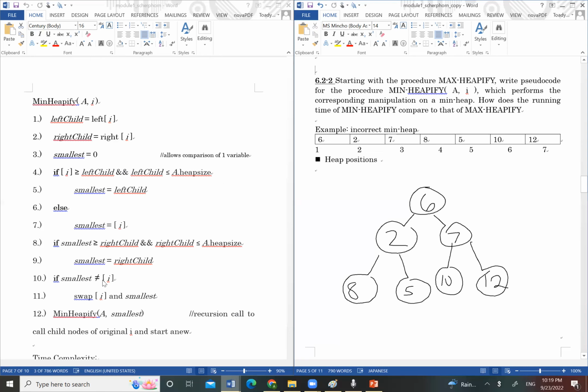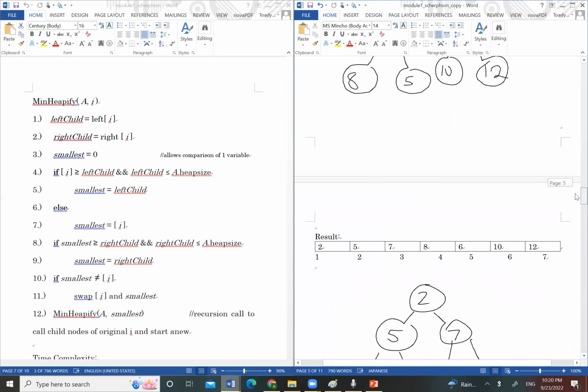If smallest is not equal to i, our original parent and root, then we have to swap i and smallest in our array, in our heap. And then we will use this new smallest and make a recursive call again on the array with the smallest becoming the new i, and this will start all over again.